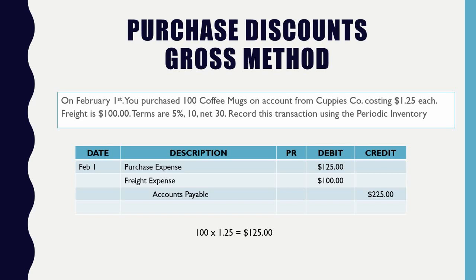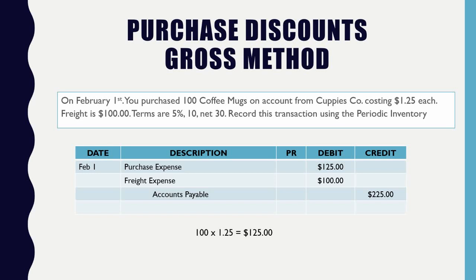The 5%, okay, 5% on which amount? The total amount. Which total? The 225. Okay. Now, you're saying that we're going to take the discount off the overall bill, right? No, because we're not getting a discount on the freight expense.